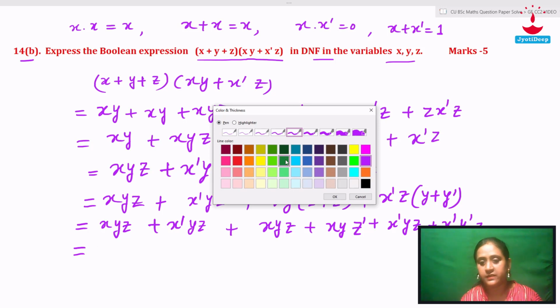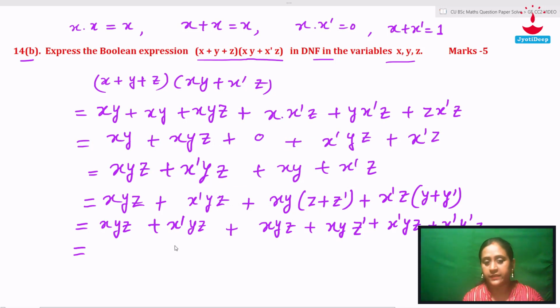Taking the green one. This is xyz, this is xyz. So xyz plus xyz is not 2xyz, it is xyz in Boolean algebra.